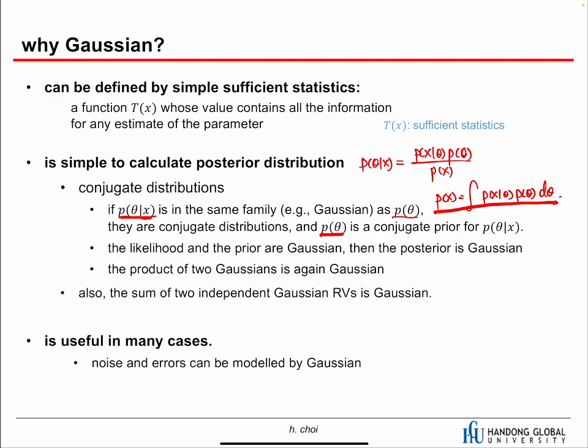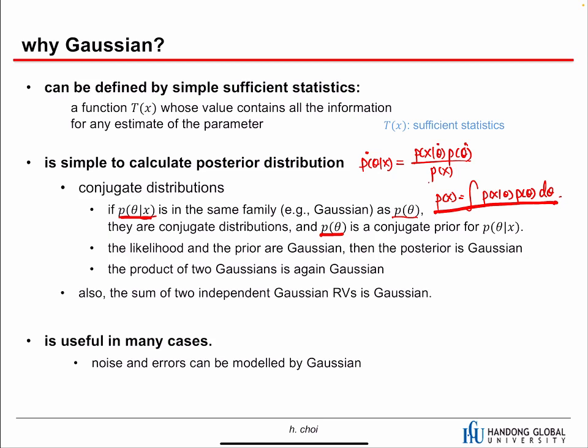Okay, so we are talking about this prior and the posterior. If the likelihood and the prior are Gaussian, then the posterior distribution is Gaussian. That's already proved. So now, if we know this prior distribution and the likelihood distribution, then we can simply calculate these posterior distributions.